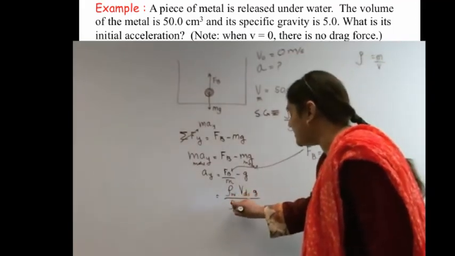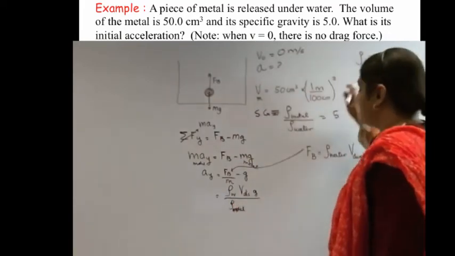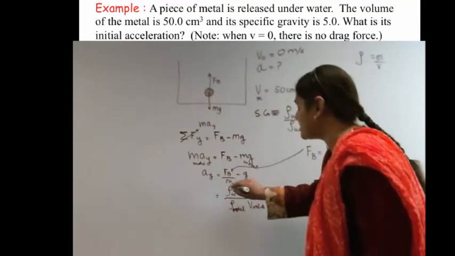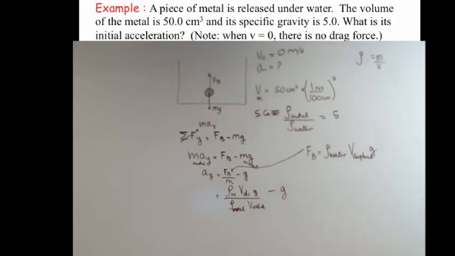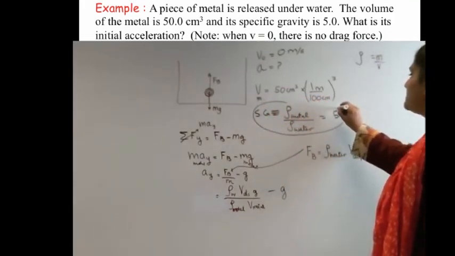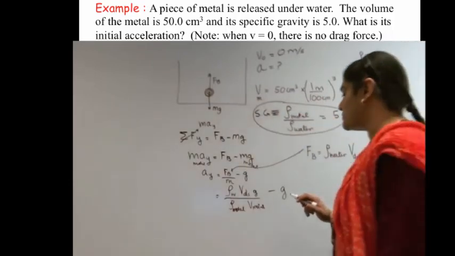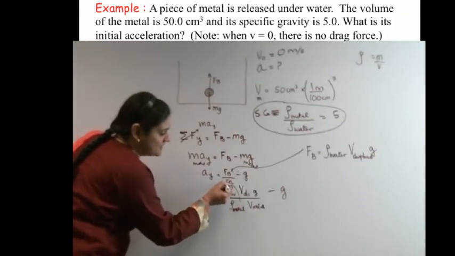So the density of the metal times the volume of the metal, instead of M, minus G. Now look very carefully. I defined my specific gravity to be rho of the metal divided by the rho of water. So do you see that somewhere here? Yes, right here.